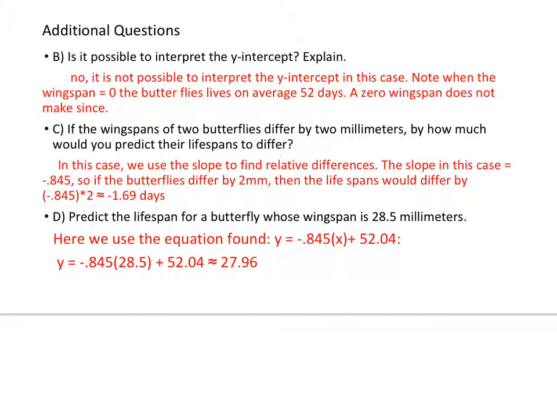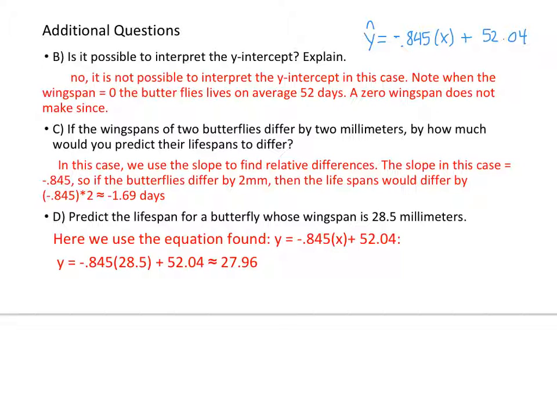So in this case, we want to take what our equation is from the last slide. We found the slope to be a negative 0.845 times x, that is our wingspan, plus 52.04, right?